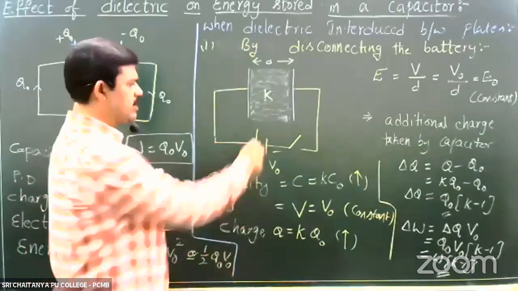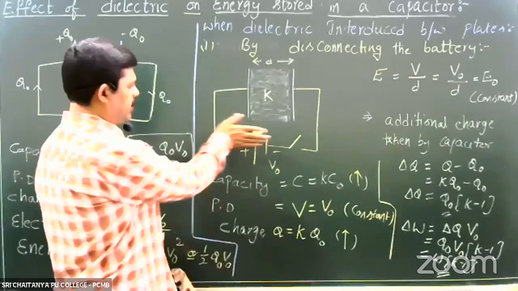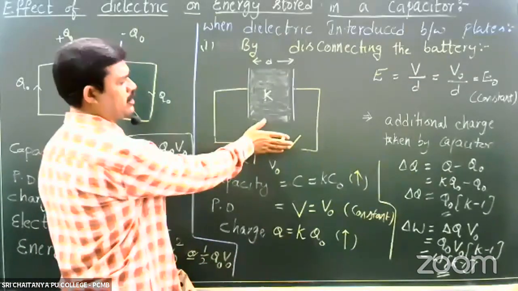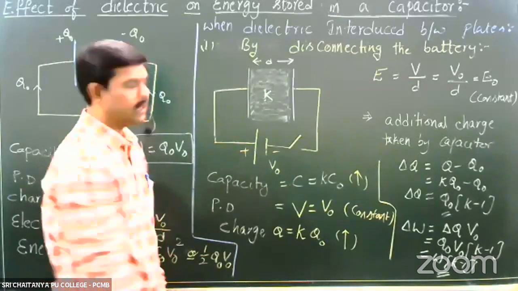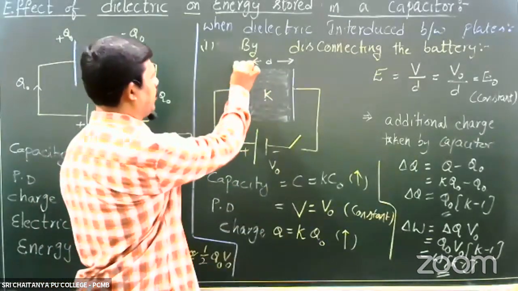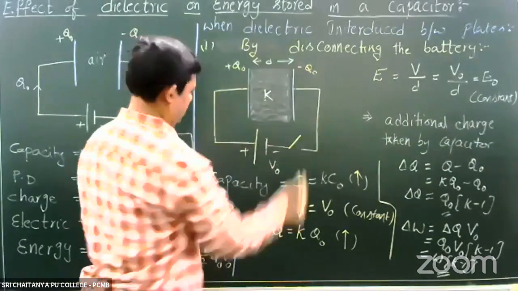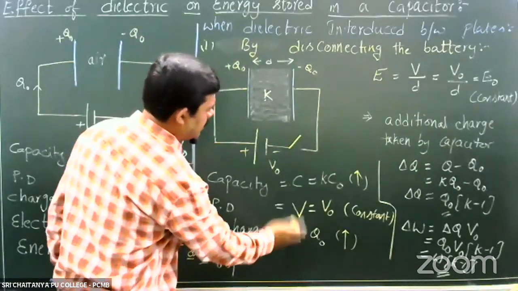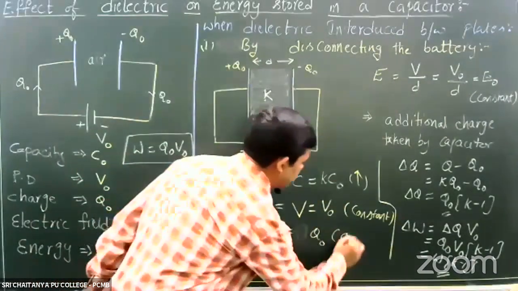Disconnected means there is no facility to take the charge, no chance to take the charge further. Initially there is a charge Q naught, now also the charge is Q naught. So there is no change in charge, it is constant. You understand this?